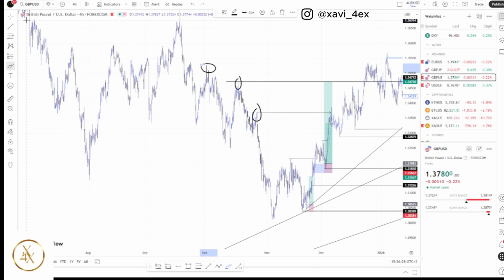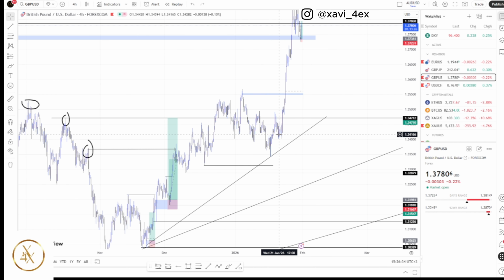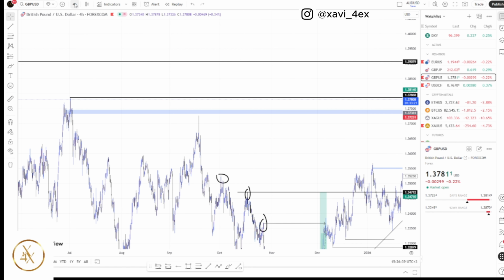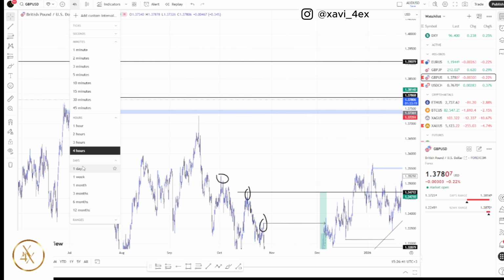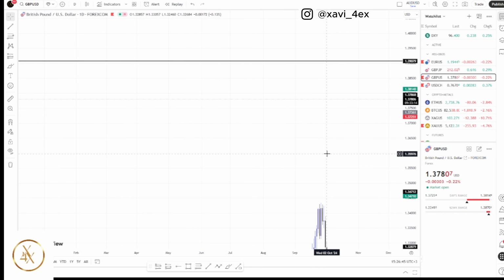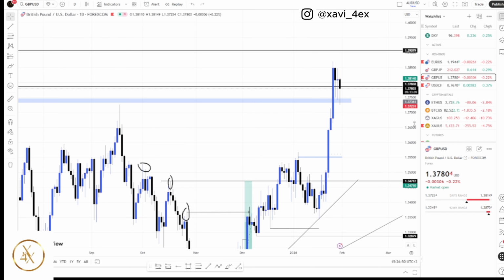Because right now the market is in a bullish format. And the trade I just took was on the daily, using the daily POI, whereby you know that you're in a bullish market.